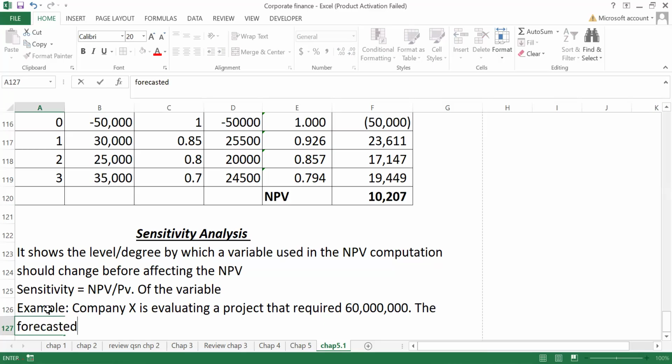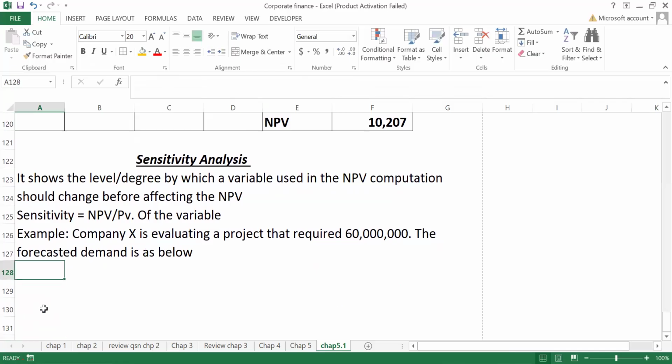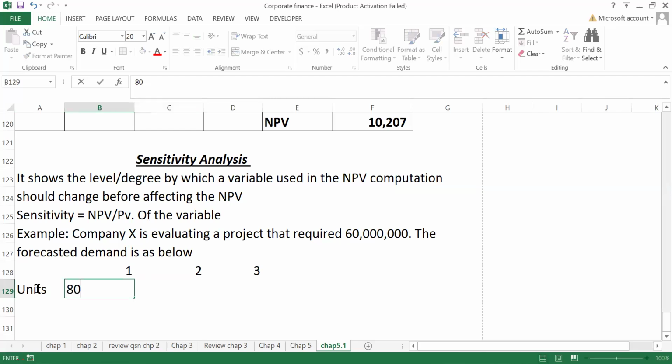The forecasted demand is as below, in units: year 1, 80,000; year 2, 100,000; year 3, 150,000.